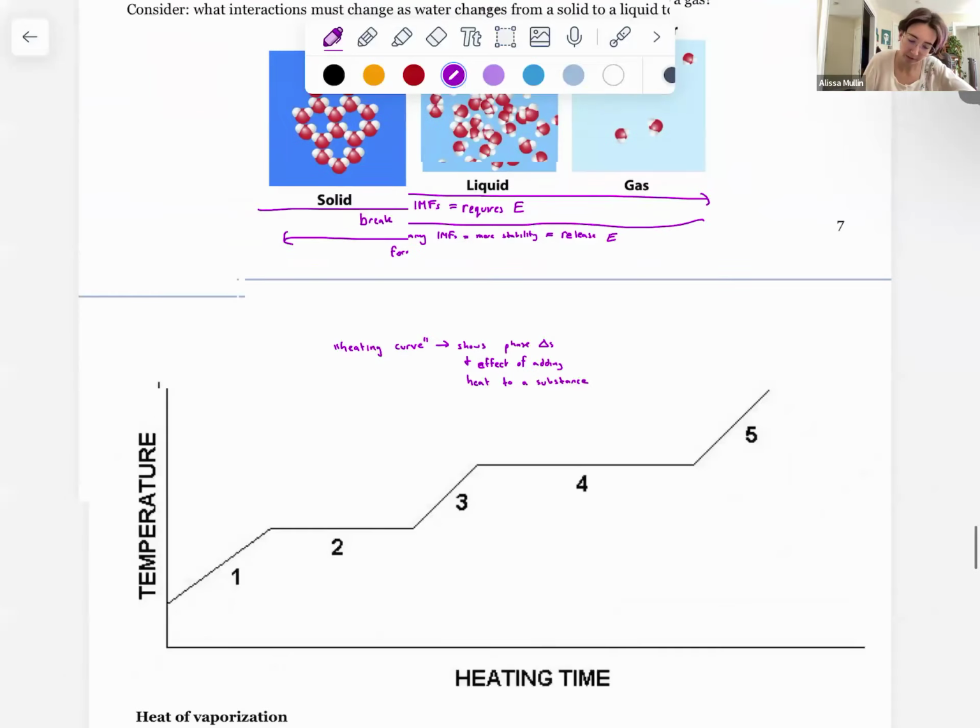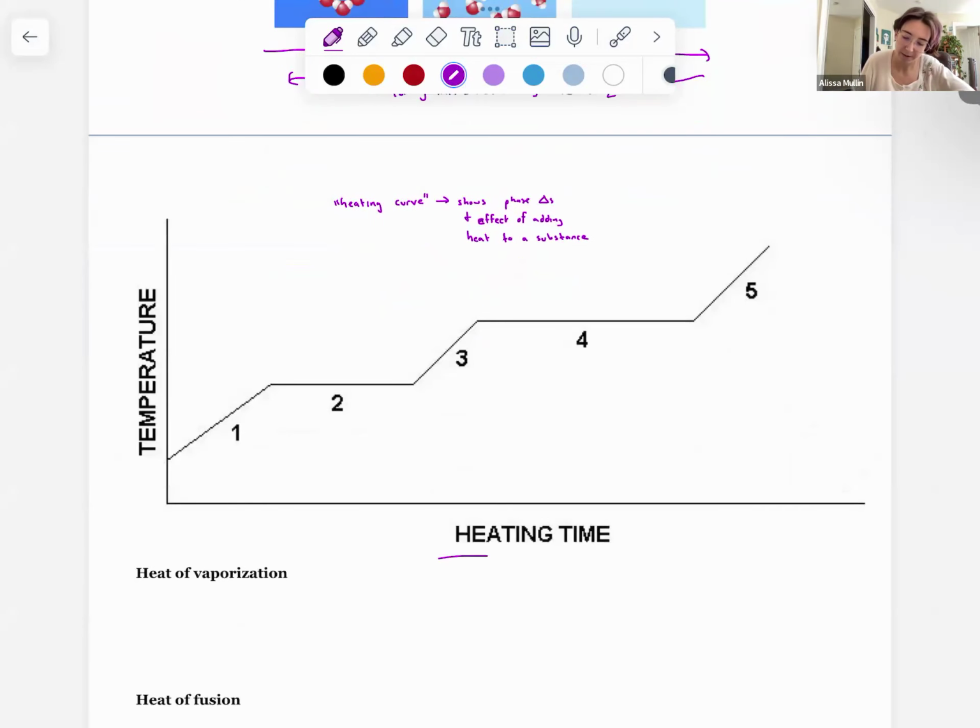Okay, so let's orient ourselves here. We have heating time. In this scenario, imagine you put a pot on the stove, over a flame, continually adding heat to it. So what effect does heat have over time? What work is the heat doing? What is changing about your substance as you add heat to it?